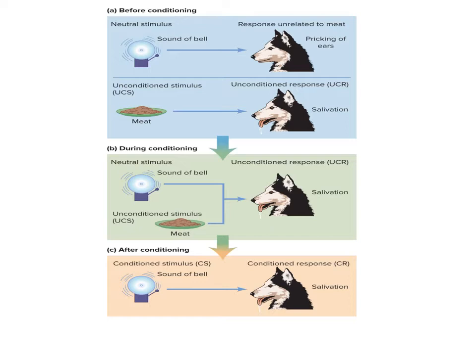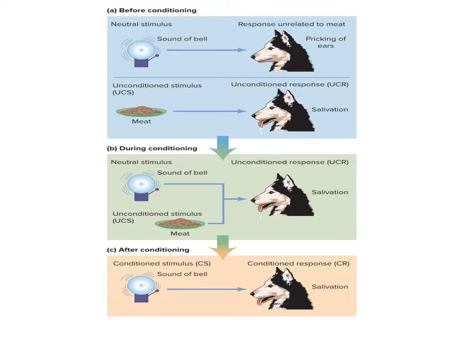So our unconditioned stimulus, the food, automatically causes the reflexive response of the dog salivating. That salivating is an unconditioned response. So it is a reflexive response that does not require learning.